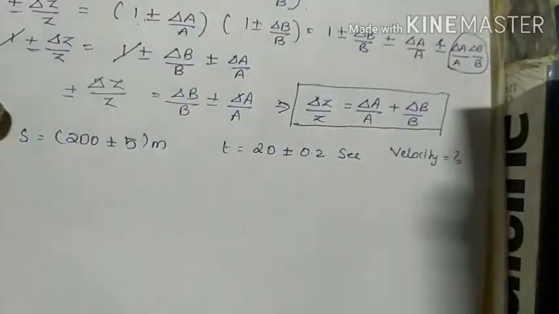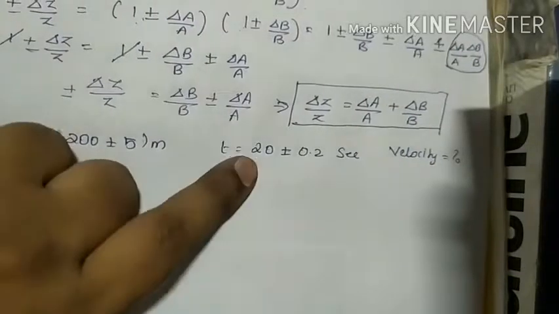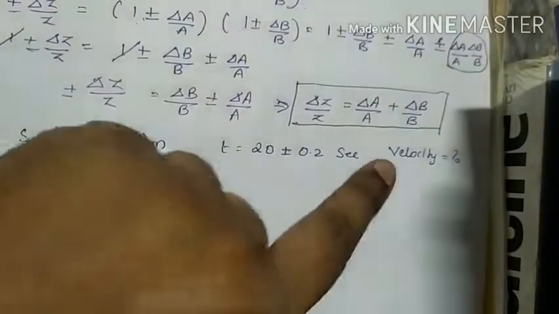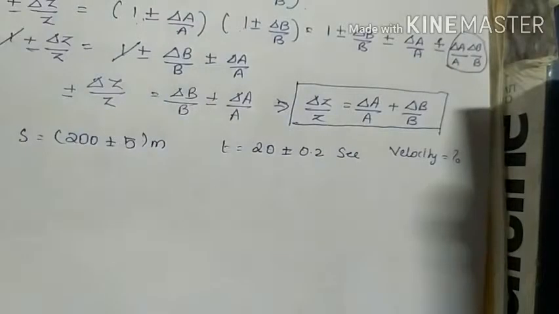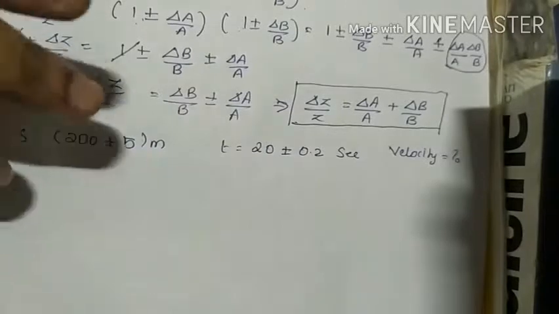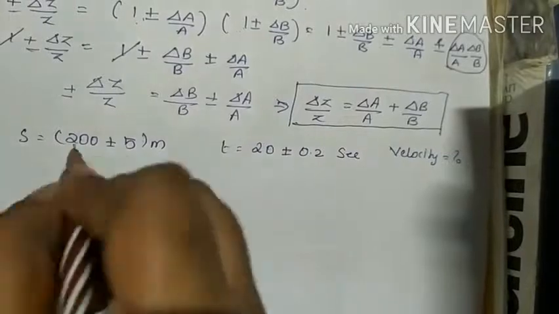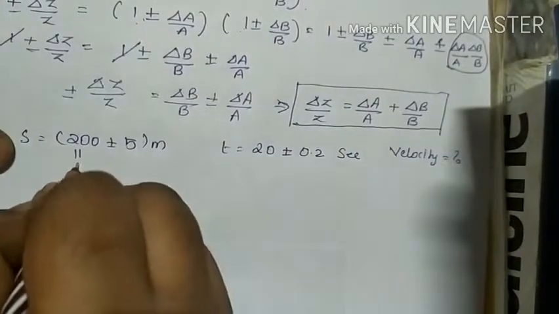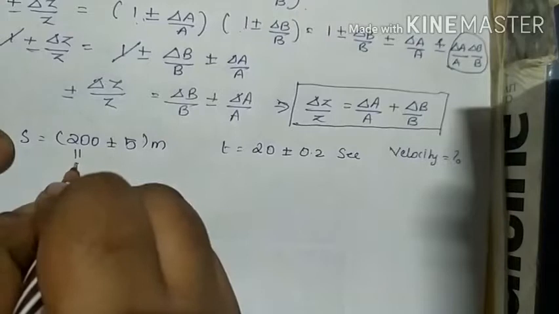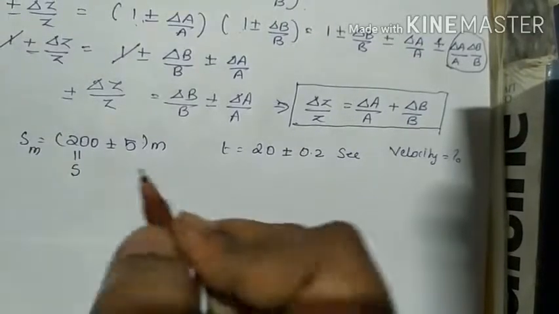The question is, we are given a displacement value of this many meters. Similarly, time is given as this many seconds. So what is the value of velocity with the respective error? That is, both measured values should be given in terms of true value and its error. So this is your true value. I'll write this as S. This is your measured value. So SM and TM.